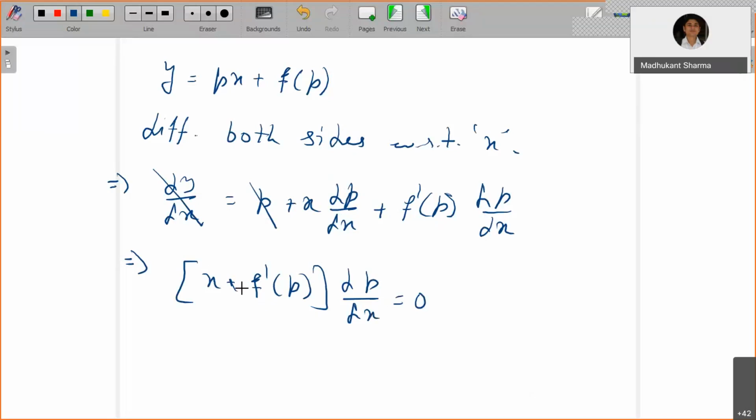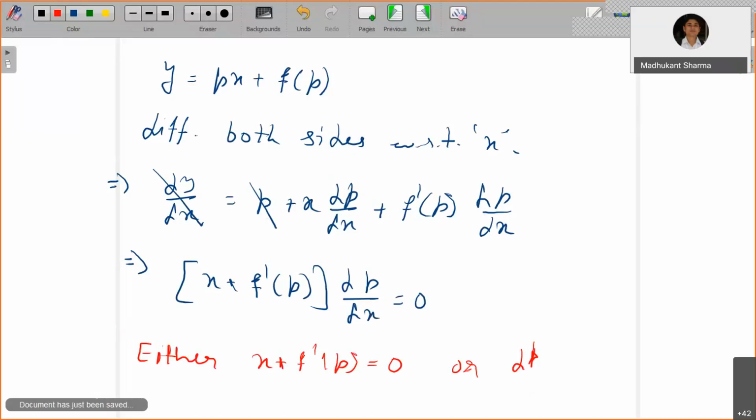Now there are two possibilities. Either x plus f dash of p is equal to 0, or dp by dx is equal to 0. Now assume that x plus f dash of p is non-zero.